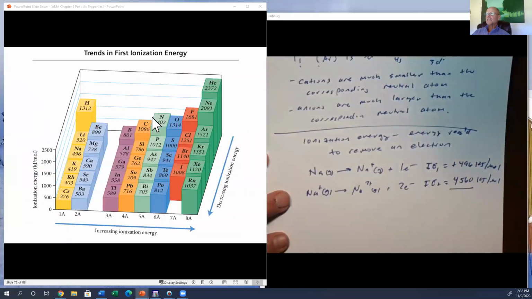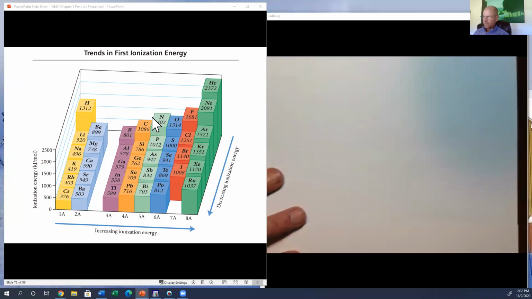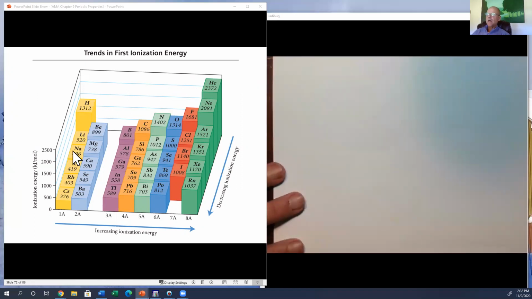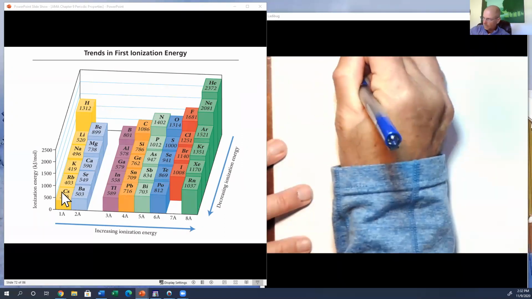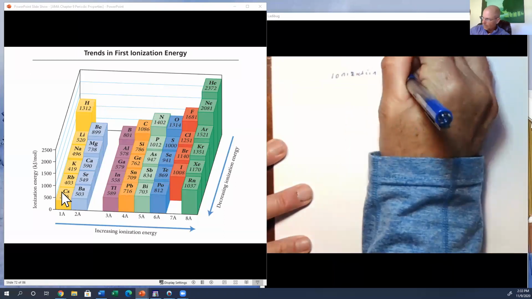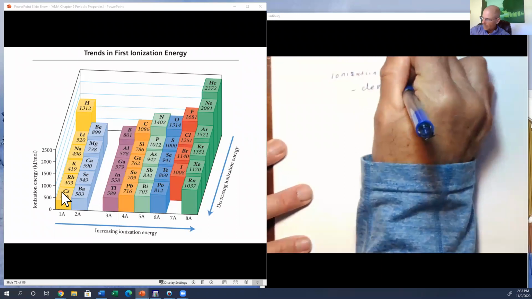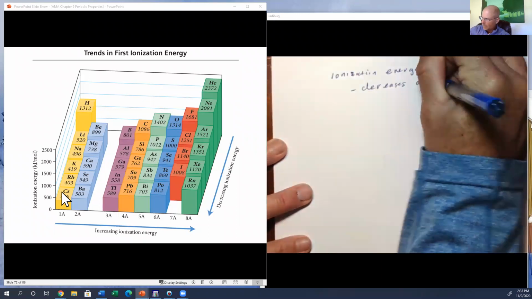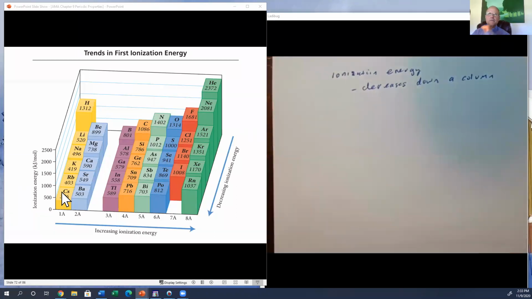Okay, let's see. What are the trends in ionization energy? Let's see what happens as you move down a column. As you move down a column, ionization energy decreases. Why do you think that is?